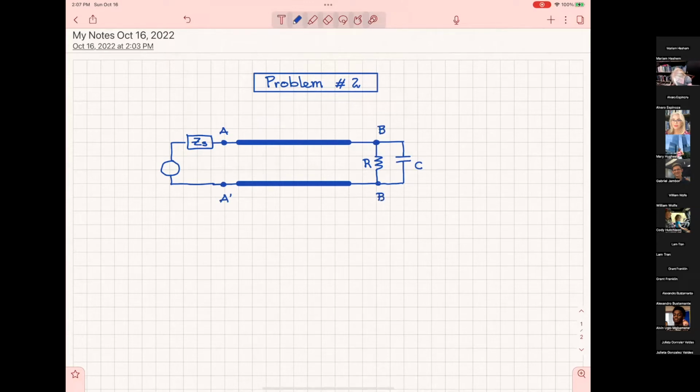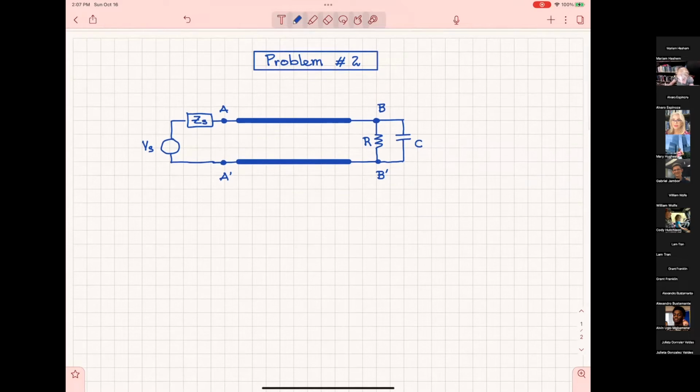This is where the load is. Now I'm giving you the specifics. This has Z naught, all right? And I'm telling you that, first of all, V sub S is 1 volt. Then Z sub S equals Z sub naught equals 50 ohms.